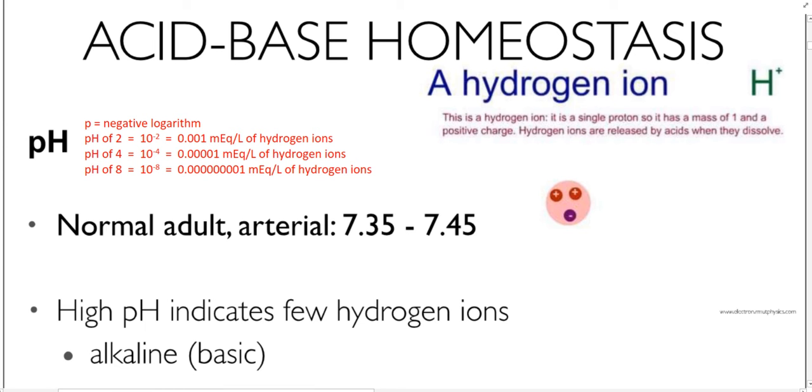So the higher the pH goes, the smaller the concentration of hydrogen ions we have in that solution. And the lower the pH goes, the greater the concentration of hydrogen ions we have in that solution.